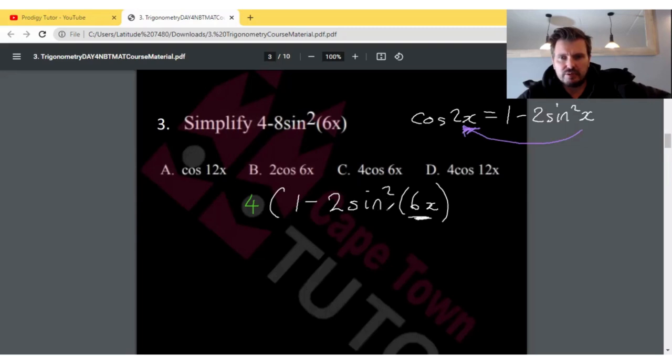So this has to double to cos 12x, doesn't it? Okay, so we're looking at D. Just double check that.